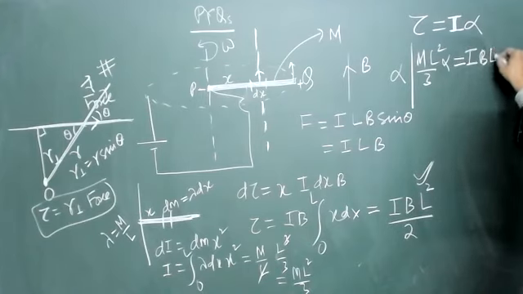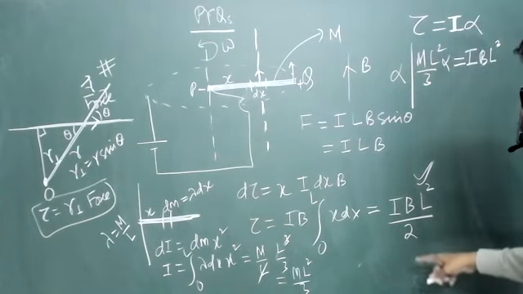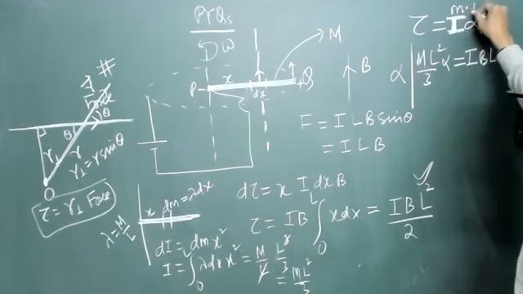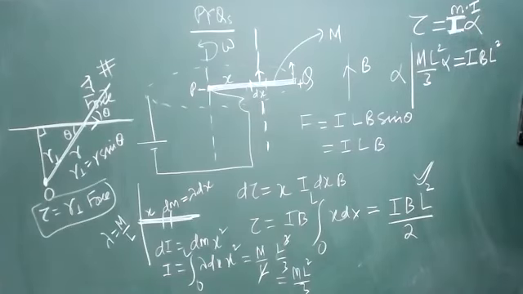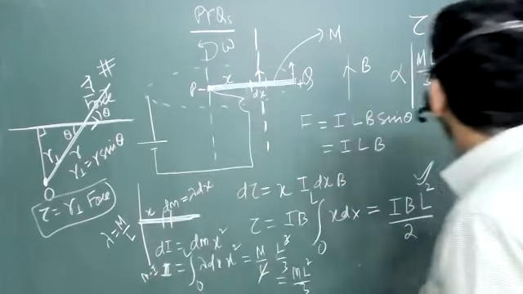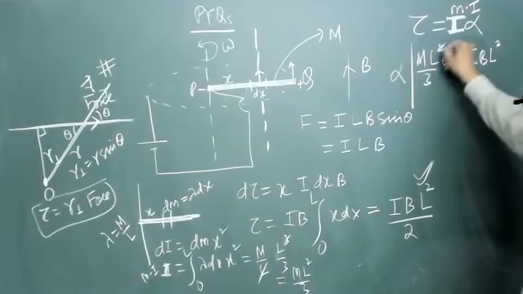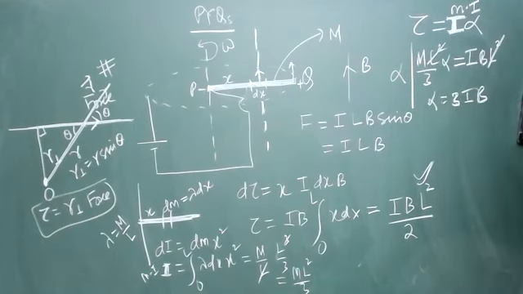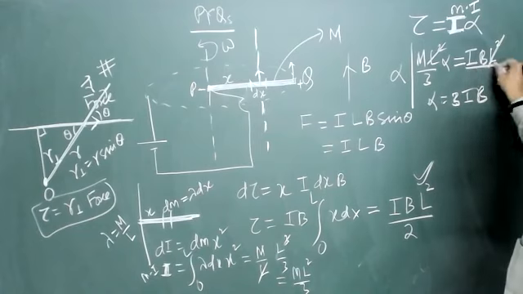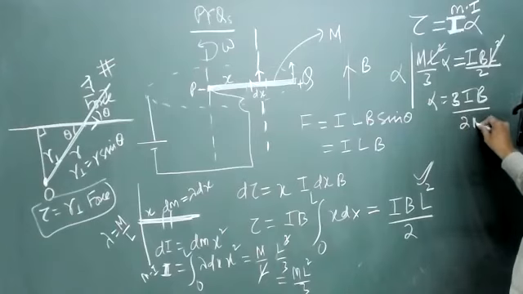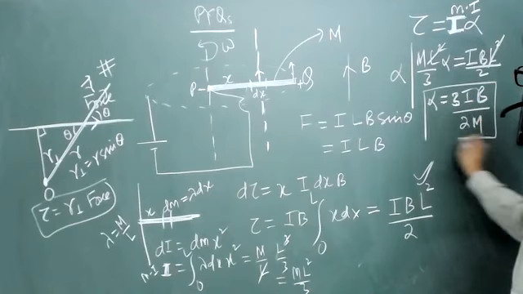IBL²/2। इस I और इस I से कन्फ्यूज मत होना, ये करंट है और ये मोमेंट ऑफ इनर्शिया। So what will be the value of alpha? Alpha = 3IB/2M. So this is your angular acceleration.